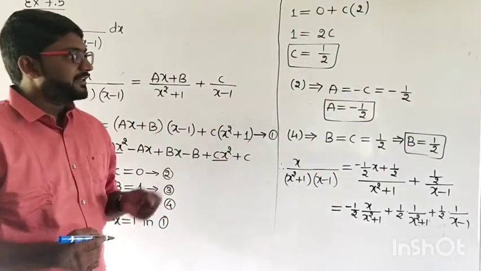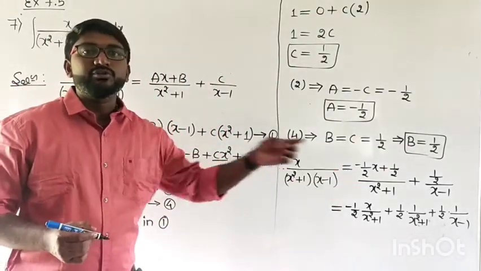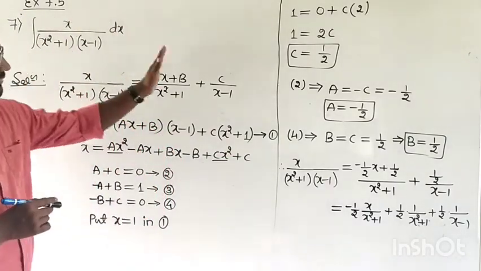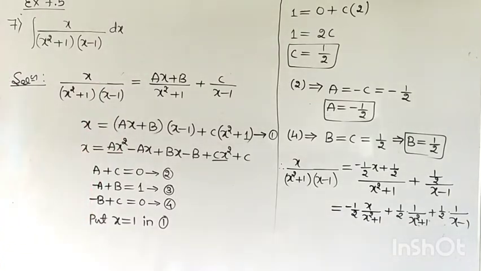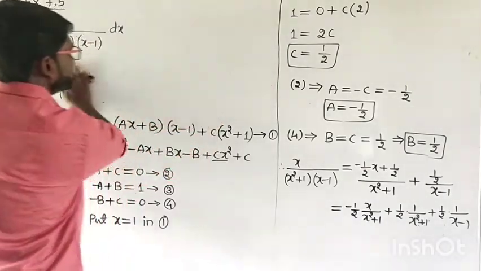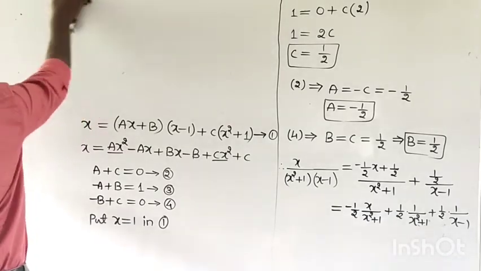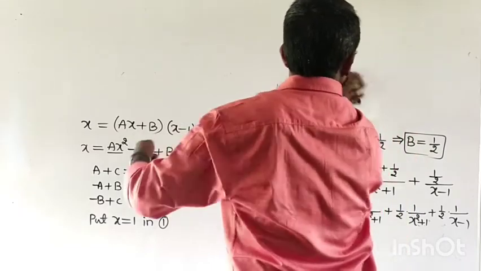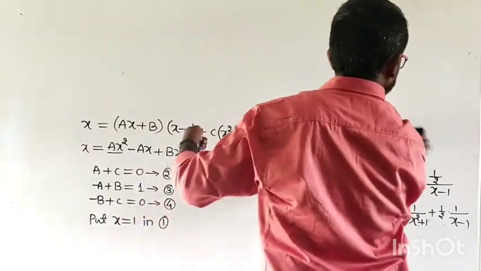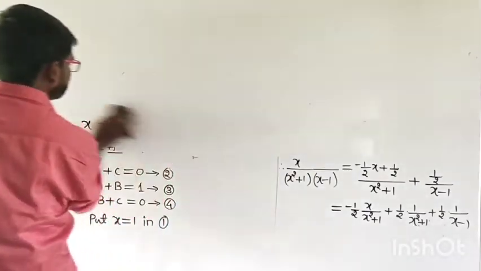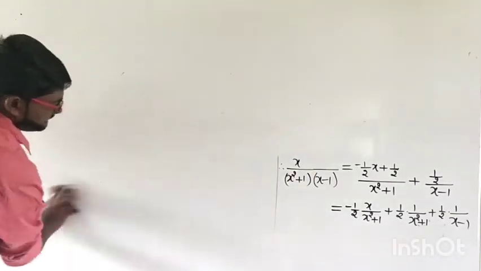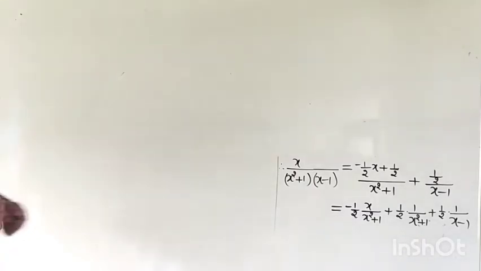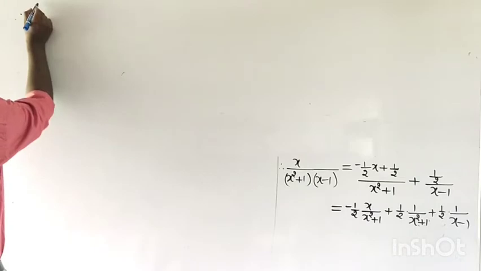In order to get the final value, we have to integrate both the sides. Since we don't have much space, we have to rub this to go further. Well, so let us integrate both the sides now.